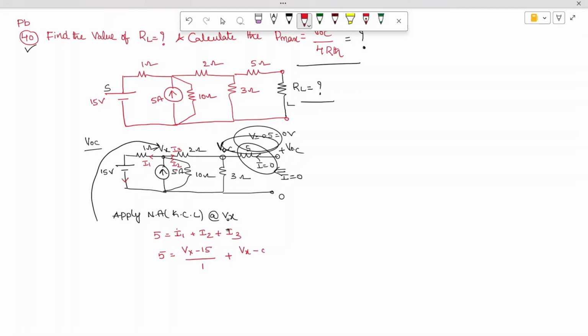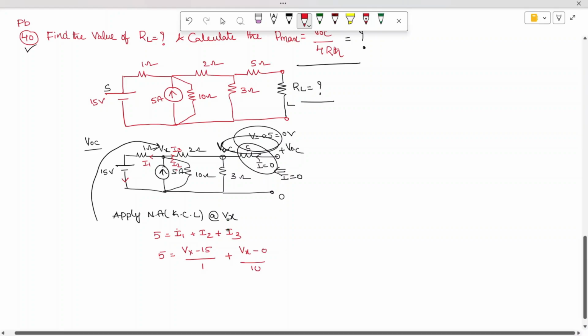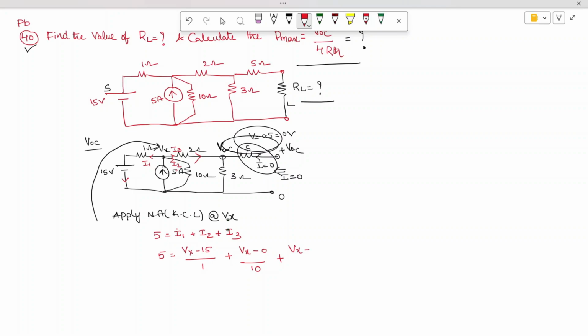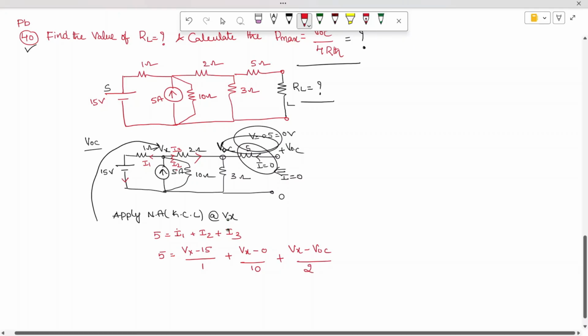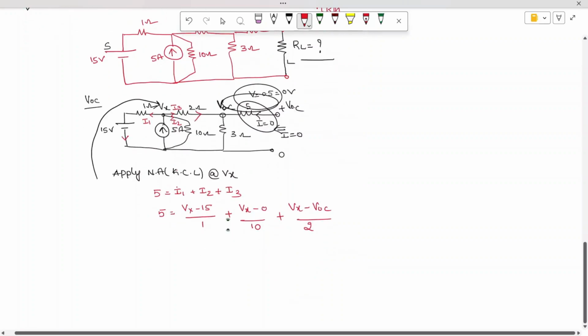Vx minus 0 divided by 10. How to write the I3 current? Vx minus VOC divided by 2. Solve it and you'll get one equation.